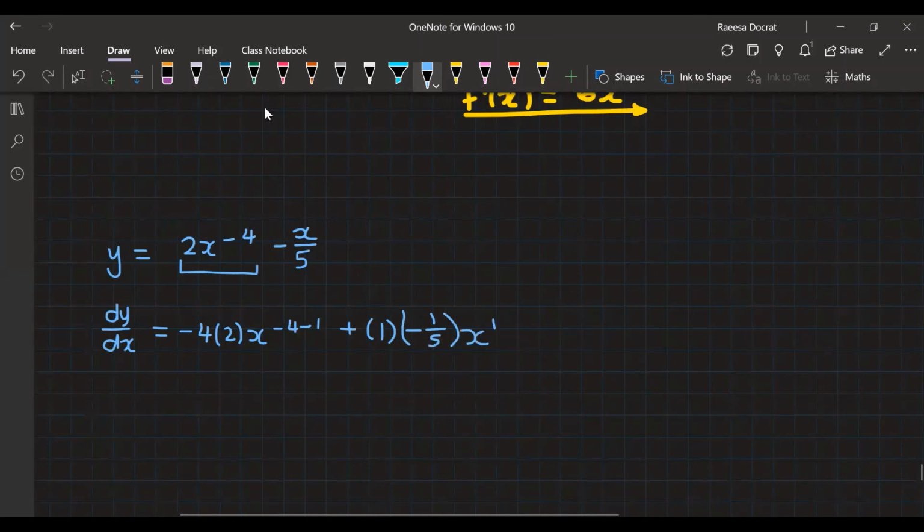We're going to minus 1 from the exponent. So this here becomes minus 8x to the power of minus 5, and this becomes minus a fifth x to the power of 0. If you would like, you can write this as minus 8 over x to the power of 5, minus a fifth, because anything to the power of 0 is 1. And there is our answer.